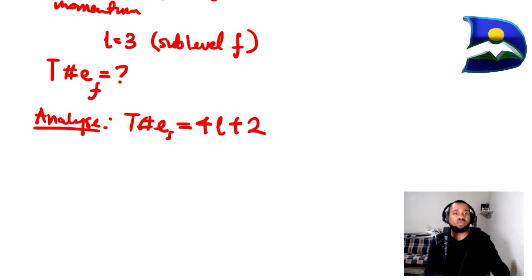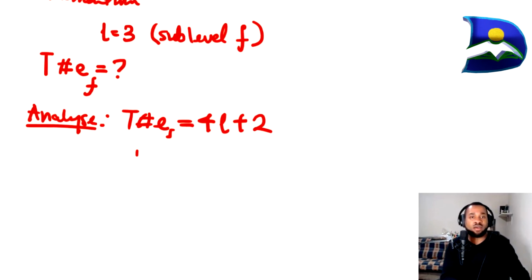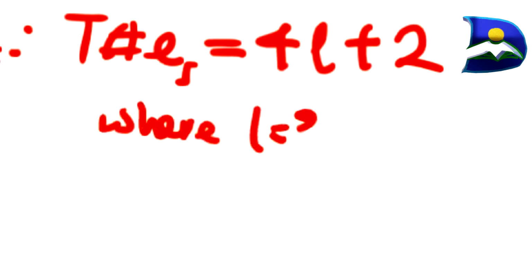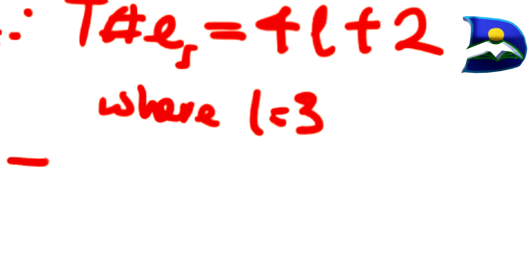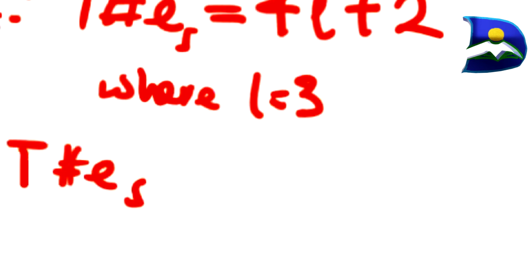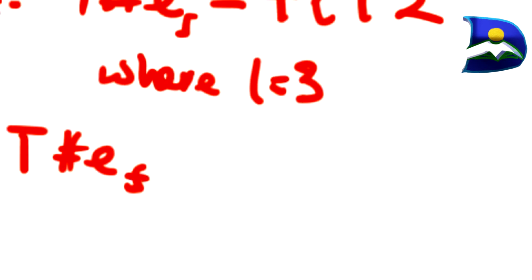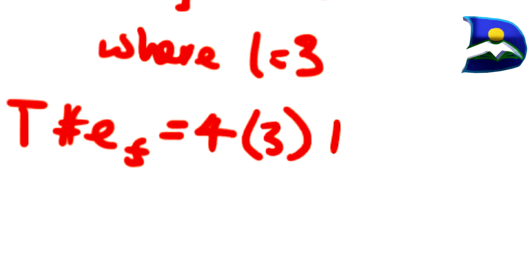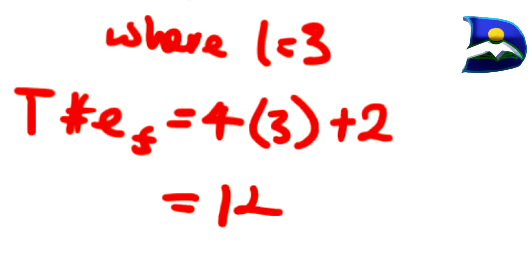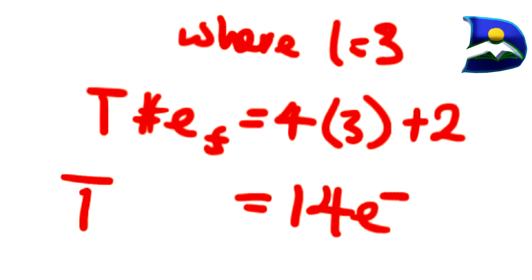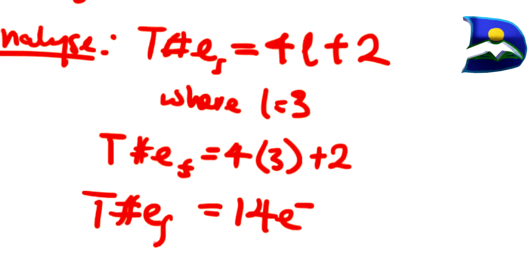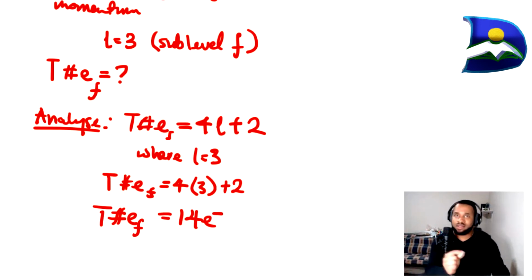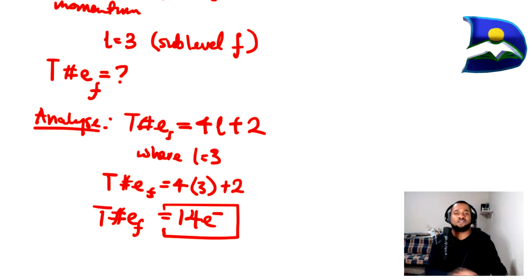And based on this, we can then put our specific L equal to 3 in that equation, and therefore our total number of electrons in our specific F sublevel or subshell is equal to 4 times 3 plus 2, which is equal to 14 electrons, as the total number of electrons that will be in our angular momentum equal to 3, which in this case is equal to L. So this is a fantastic way to determine what our answer is for that particular question.